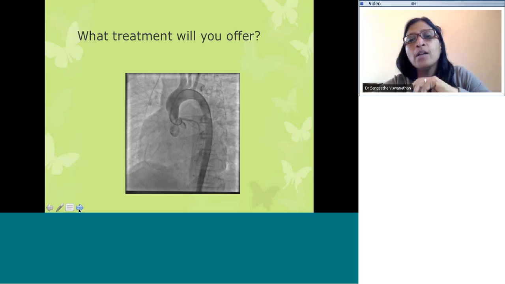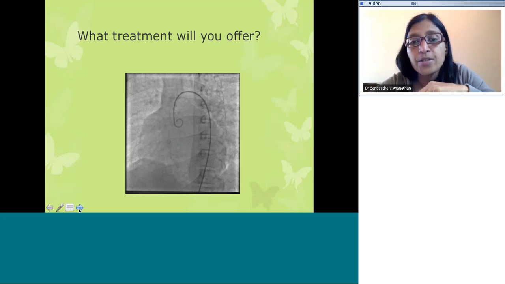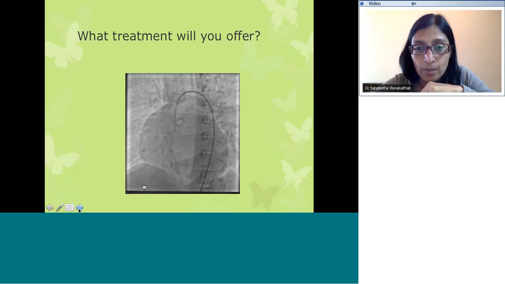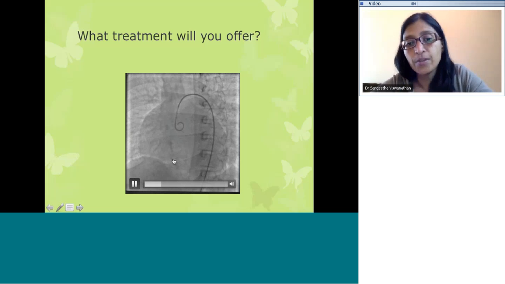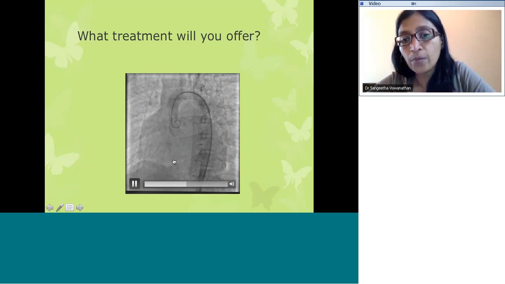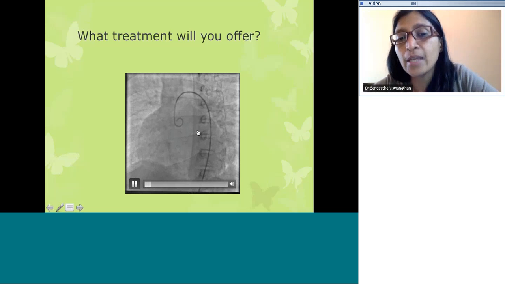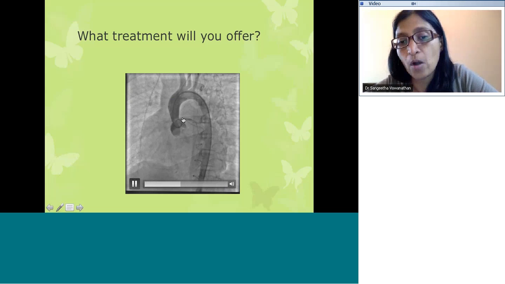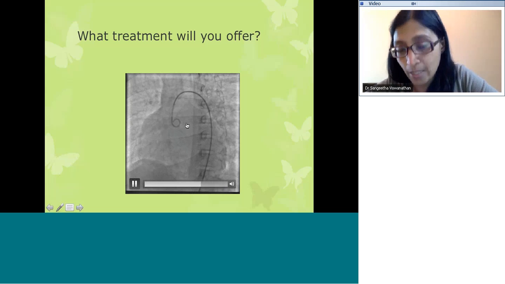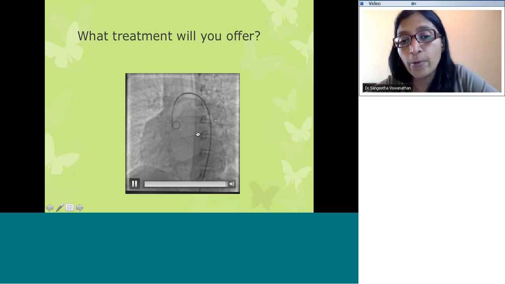So the reason for the cardiac catheterization is, of course, to assess the nature of the aortic stenosis, which is often obvious on the echo, but also more importantly, to see if there's any coronary involvement, because often the coronaries can be quite close to the narrowing.